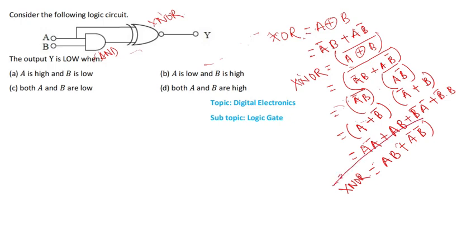So the output will be AB plus A complement into B complement, right?